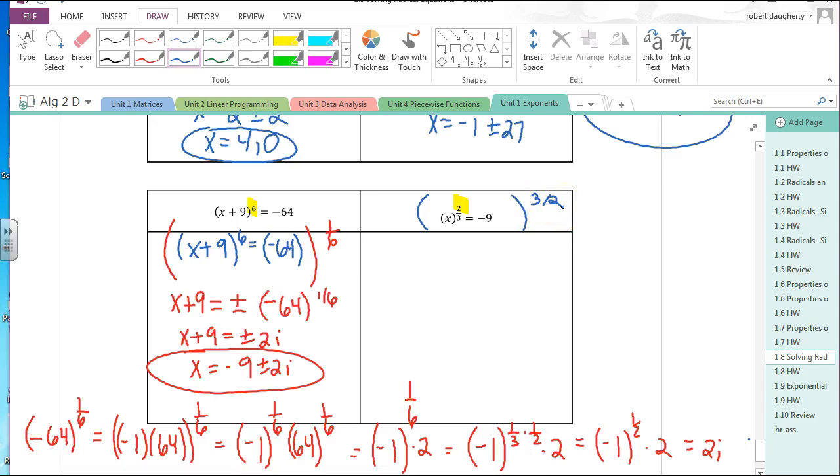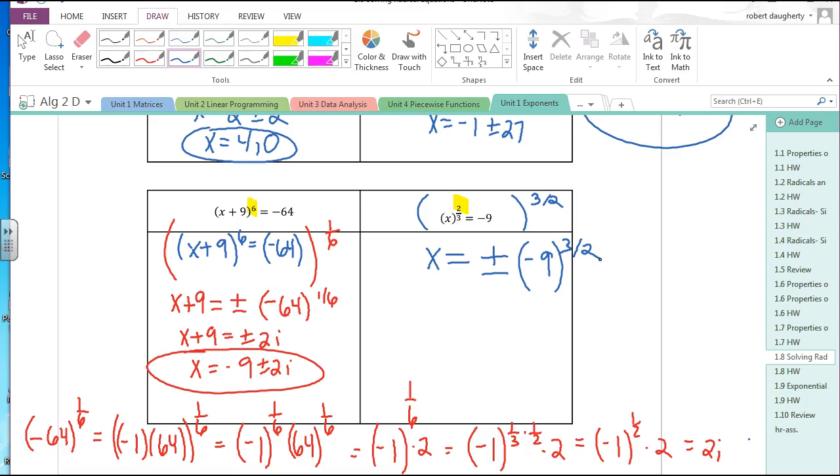To the 3/2. What do I get on the left side? x equals, what is the next thing I will write? Plus or minus. And then it's negative 9 to the 3/2. So what does that mean? It means the square root of negative 9. What's the square root of negative 9? It's 3i.